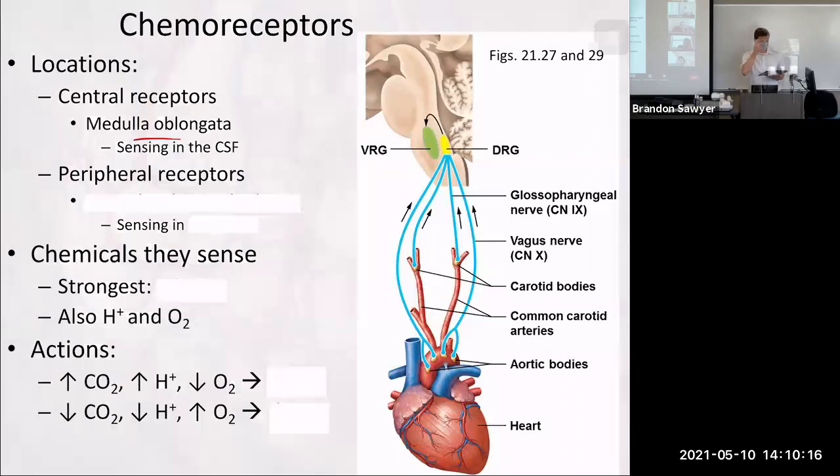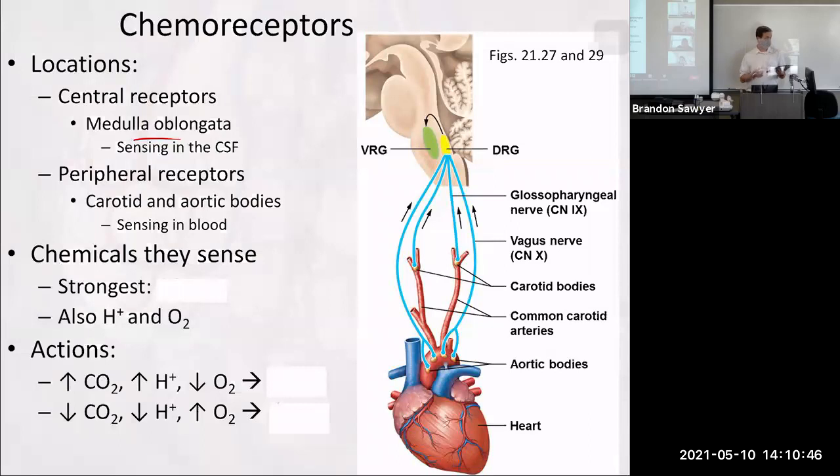And then there are peripheral receptors as well, found in the same two locations as the ones responsible for controlling blood pressure, in the carotid and aortic bodies. Right there where the carotids split into internal and external, and right there where the aorta comes up and turns. So we're sensing the level of these chemicals in the blood in those two locations.